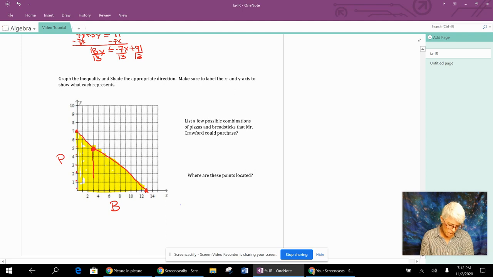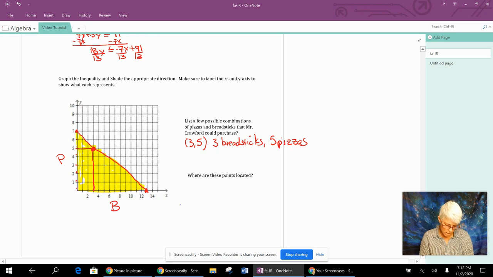So if I had this point right here, this would be 3, 5. What does that mean that I can have? It means that I can have 3 breadsticks and I can have 5 pizzas. That sounds pretty good.